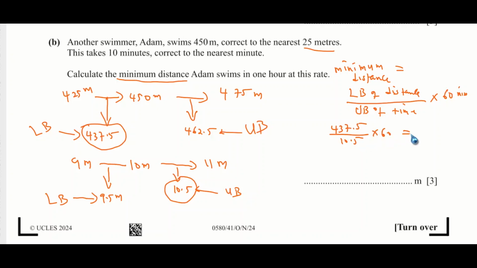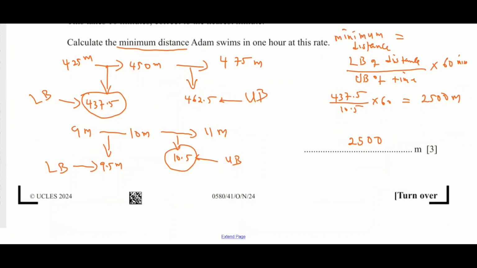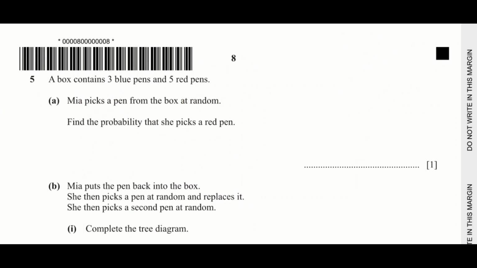So this will be equals to 2,500 meters. Okay, so that's what you get. So let's go to the next question. That will be question 5. A box contains 3 blue pens and 5 red pens.